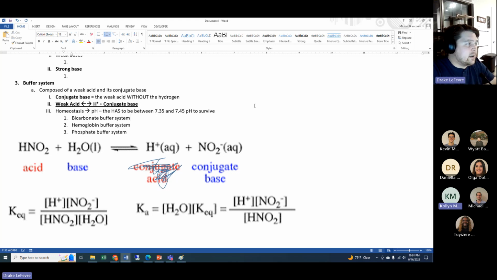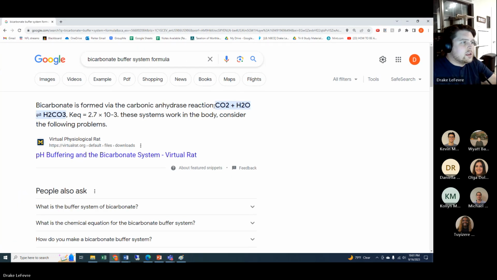But the idea behind all of these is like the bicarbonate buffer system, for example. This is talking about the carbon dioxide that our muscles give off when we exercise and when we use them. When carbon dioxide, let me actually pull that up. So CO2 plus H2O becomes H2CO3.